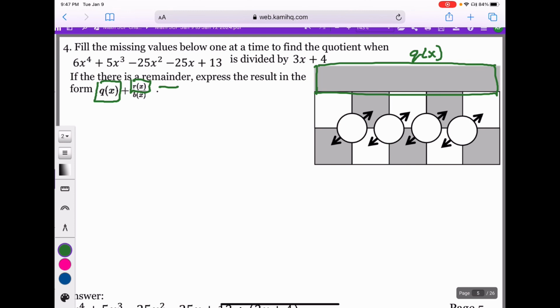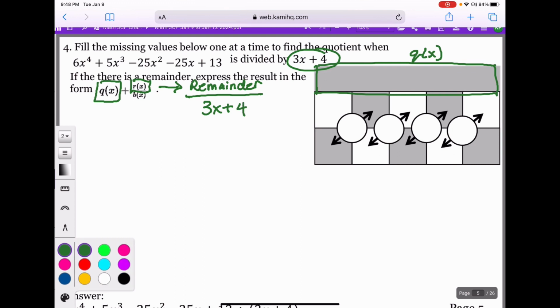The r of x is the remainder polynomial over, so that's the fraction, over the 3x plus 4. So that's your goal. In this problem, there is going to be a remainder. So look for the end of this problem, how you write it differently, because there will be something left over.